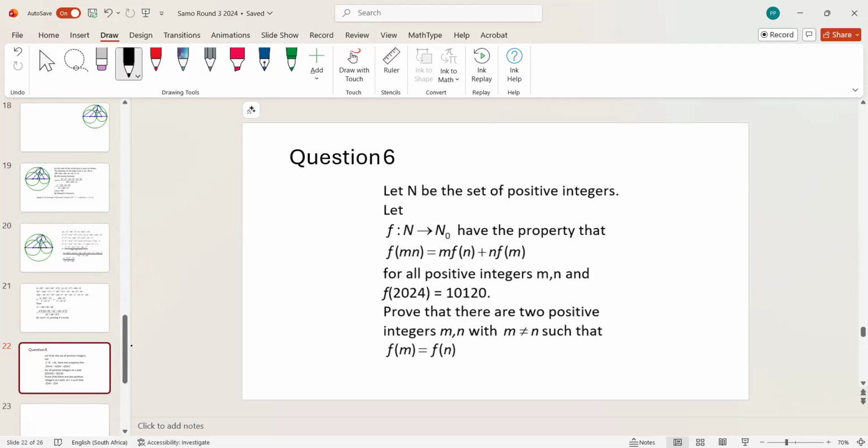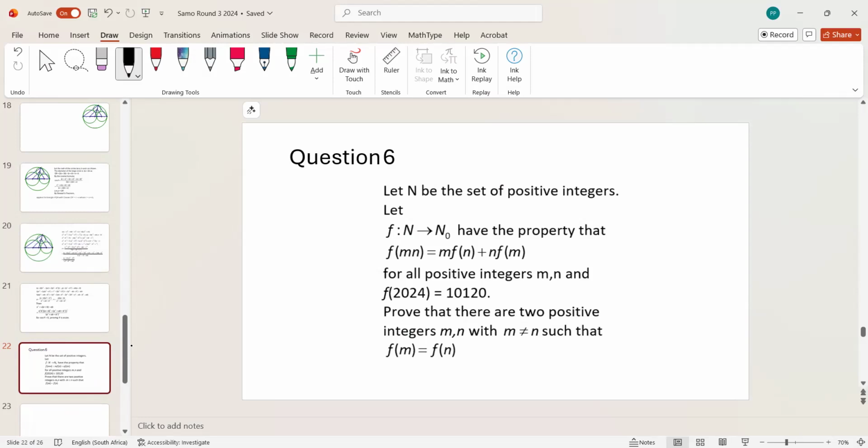There are 6 questions. Let n be the set of positive integers. In other words, 1, 2, 3, 4, and so on. And let f be a function. Oh, this is another one which is similar to the previous one. We had to find an f there, and we said it's a cubic polynomial.